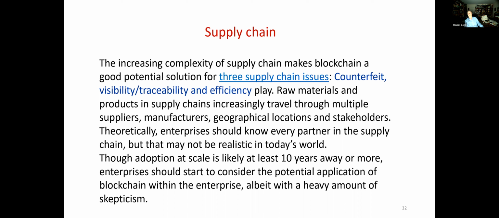And it turns out that the objects moving through the supply chain can be counterfeited, which happens every day, and it's a huge problem. Visibility and traceability is another problem. If you can get information about an object that was inside the supply chain 7 days after that object left the supply chain, it's a problem. And efficiency is obviously how much you have to pay for the information in order to get all the benefits.